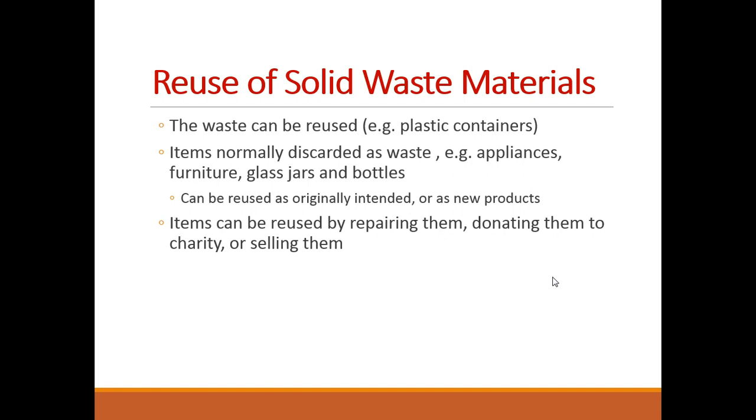Glass jars can be reused, possibly for storing something else, bottles, etc. So the reuse of materials, it can be reused as originally intended or as new products. Items can be reused by repairing them, donating them to charity, or selling them.